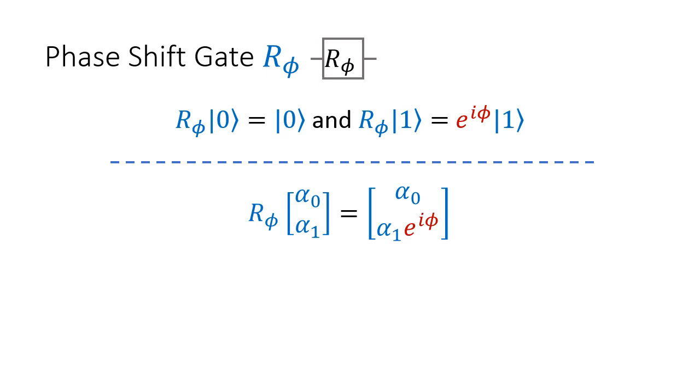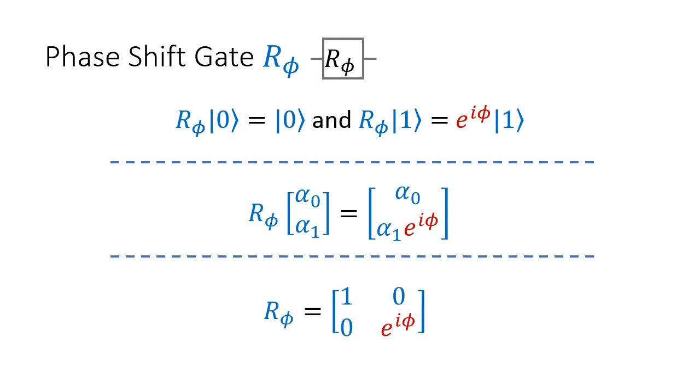When we look at the magnitude or probability change, the phase of state 1 is shifted. However, the probability of finding state 1 is not changed because the square of e to the i phi is 1. And the operator R phi can be represented using this unitary matrix.